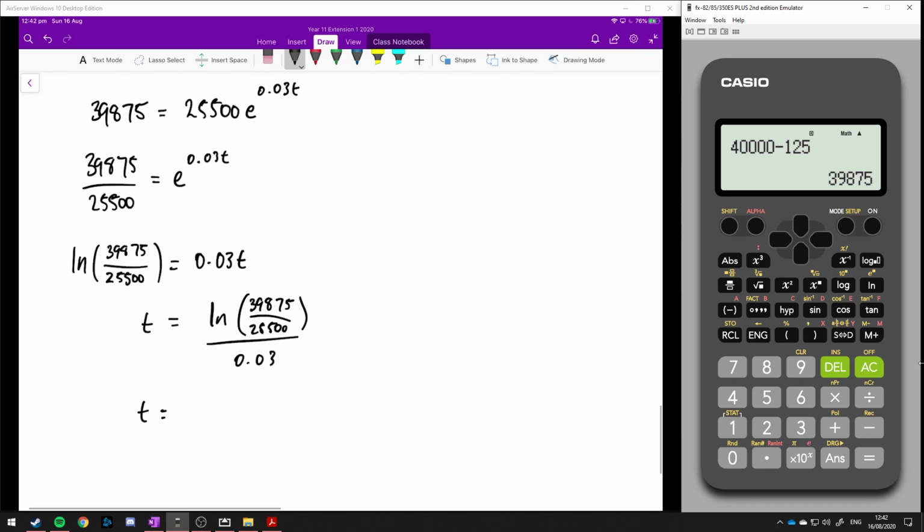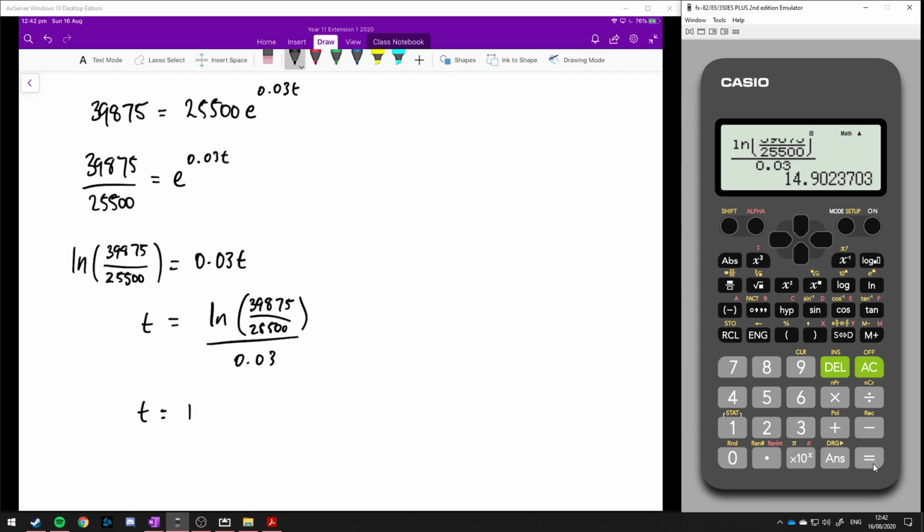So putting it into the calculator, we get the log of 39875 over 25500 all over 0.03.